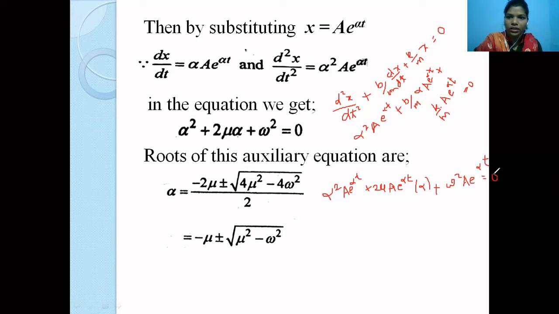So once I write it, what do I find is there is A e raised to alpha t, which is common in all the equations, right? If I take A e raised to alpha t from all the sides, I cancel it, then all I'm left with is alpha square plus 2 mu alpha plus omega square is equal to 0.